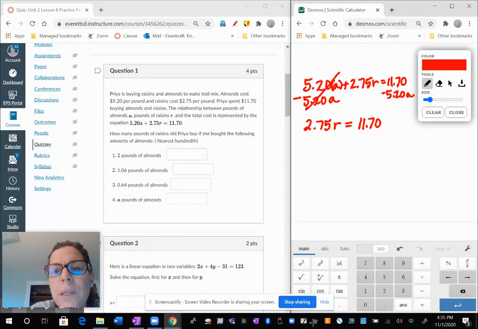So many times when we do something on both sides of an equation, we're used to getting a nice simplified number. We didn't. We got an expression. That's okay. 2.75 times R, the total spent on raisins, is 11.70 minus the total spent on almonds. Then once you figure that out, you will divide that answer by 2.75.